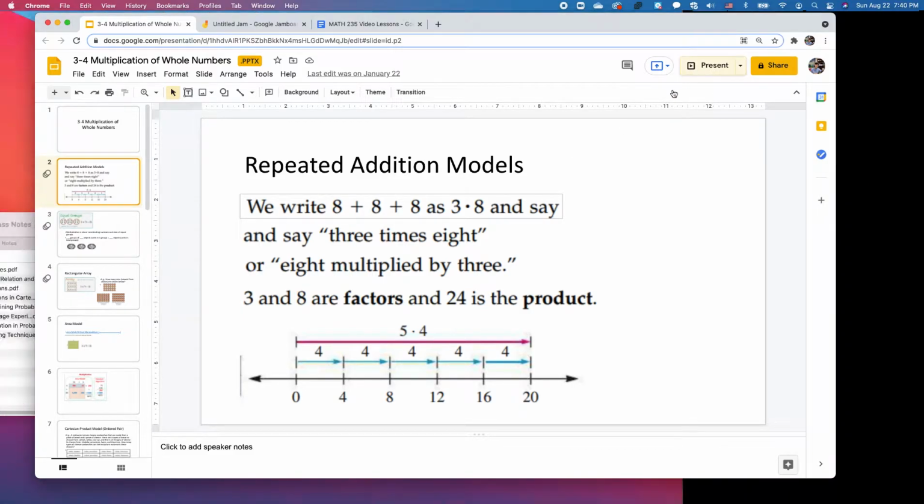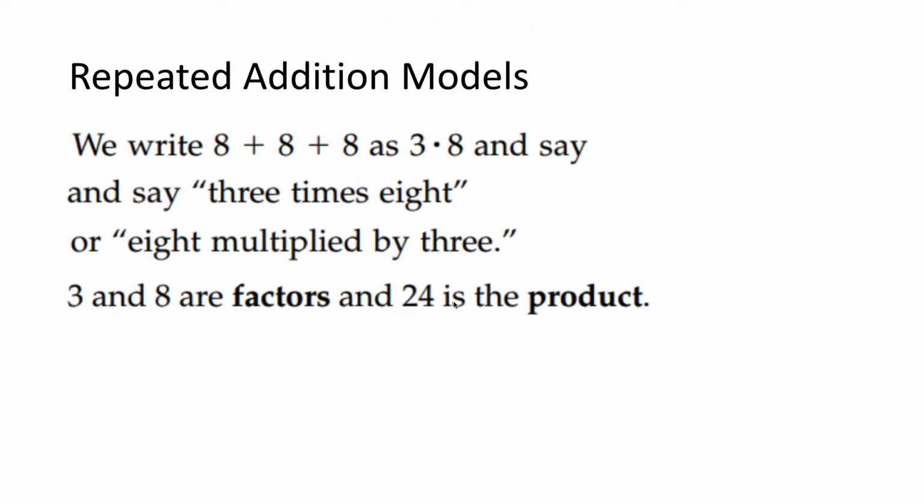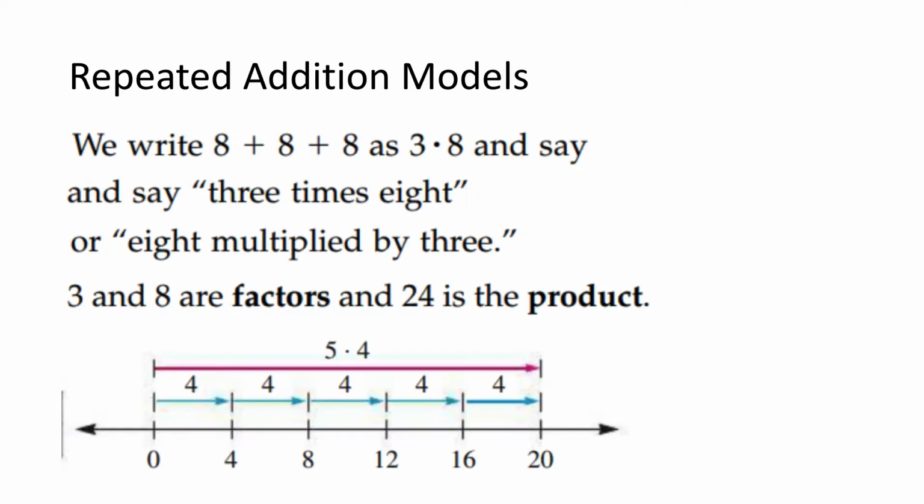You can use number lines to show this repeated addition, right? We can do 8 plus 8 plus 8 with physical apples: 8 red apples, 8 red apples, and 8 red apples all together. There are 24 apples. You can also do the number lines.